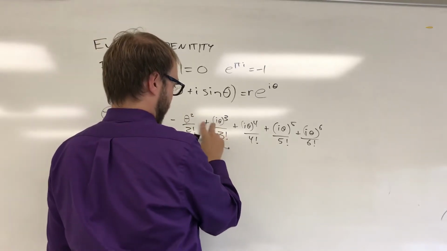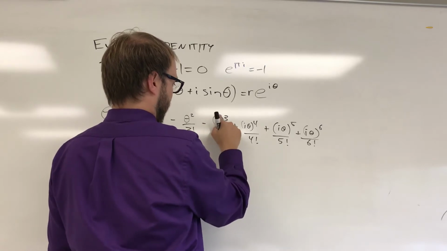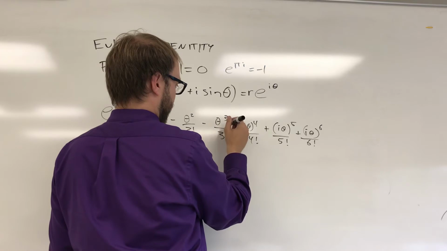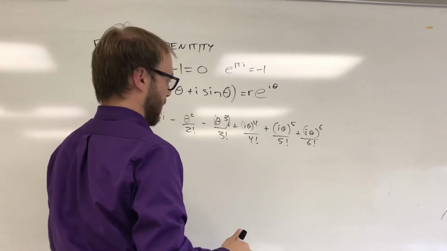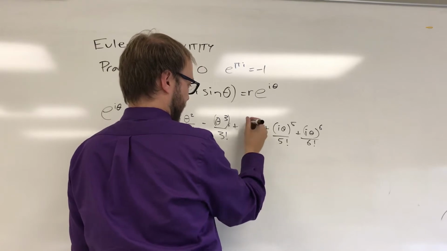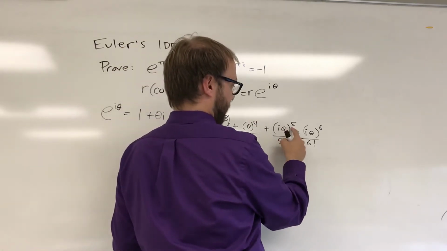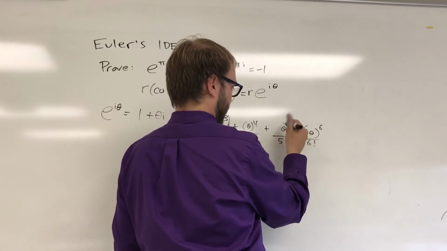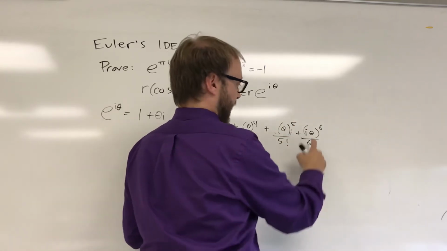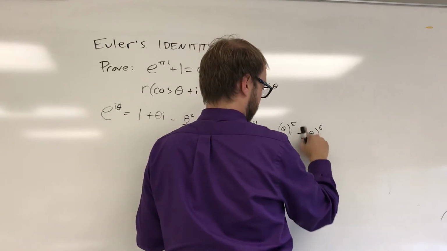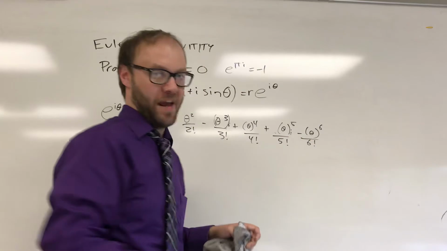This is going to be minus theta cubed times i, okay? i to the 4th is going to be 1, so this is just theta to the 4th. i to the 5th is i, so this is going to be theta to the 5th times i. i to the 6th is -1, which is the same thing as minus theta to the 6th. Then we kind of go on from there.